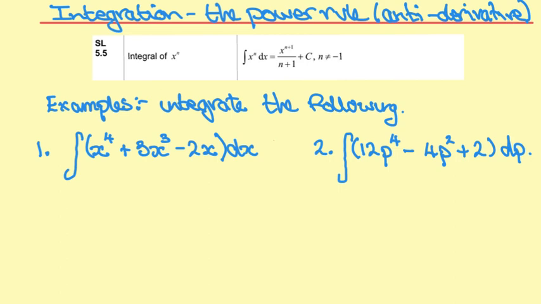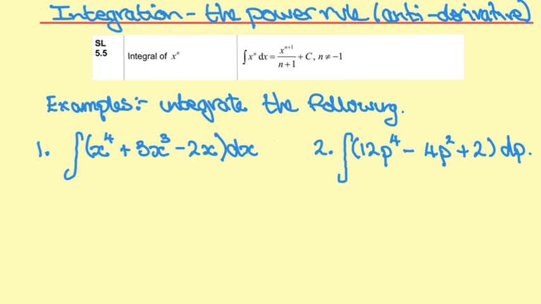Integrate the following. 1. Integrate x to the power of 4 plus 3x cubed minus 2x dx. dx just means integrate with respect to x. Just like in differentiation, we treat every term in the polynomial separately.